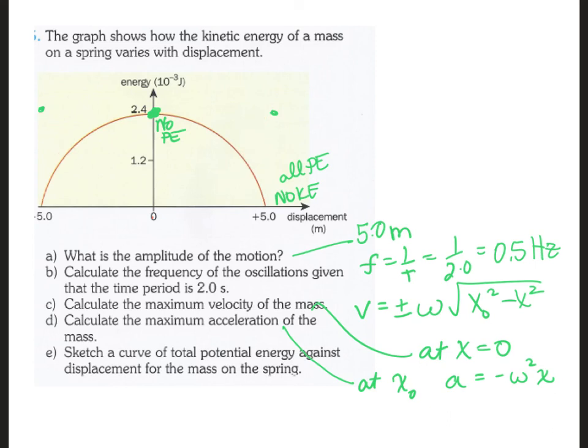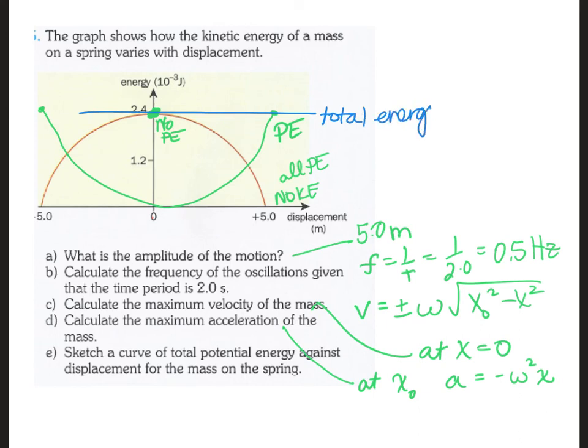That's going to give me a graph that looks like this. That green one, this would be the potential energy. And if the question asked, I could also put another one in here, right along the top here, like this. This would be the total energy. So I hope that helps you out.